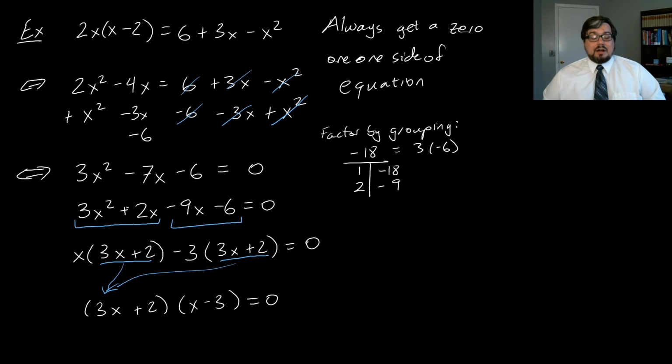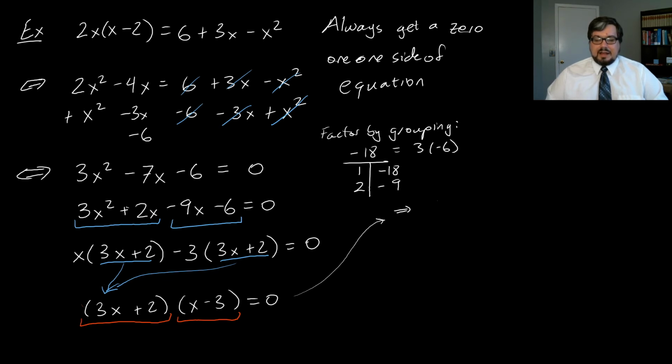And so, having gone through the factoring process, we have again turned our equation into one where we have two factors multiplying together to equal 0. And we can use the zero-factor theorem again. So from here we can conclude that either 3x plus 2 equals 0 or x minus 3 equals 0.